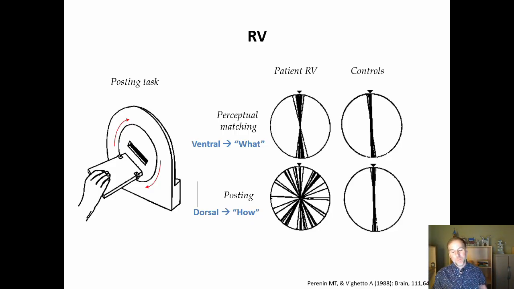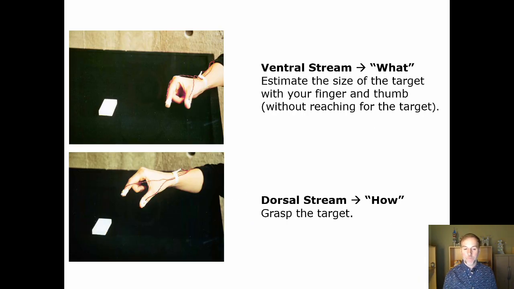But she can't. It's a bit of a paradox because knowing what the orientation is, well, that's her ventral stream guiding her visual abilities. But then actually posting the hand, even though the ventral stream knows, that's not going to help because the dorsal stream does that. And for her, the dorsal stream is damaged.